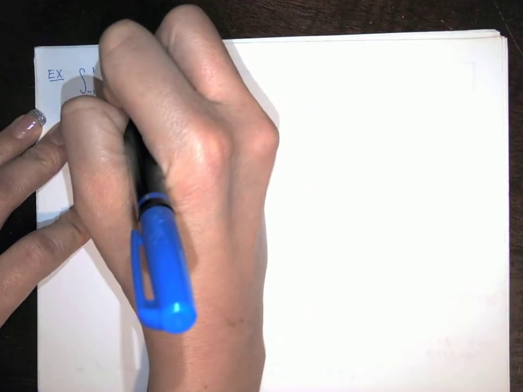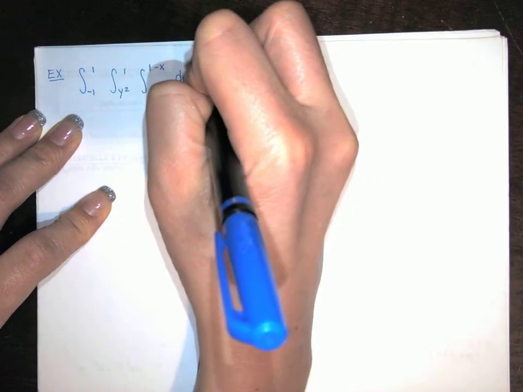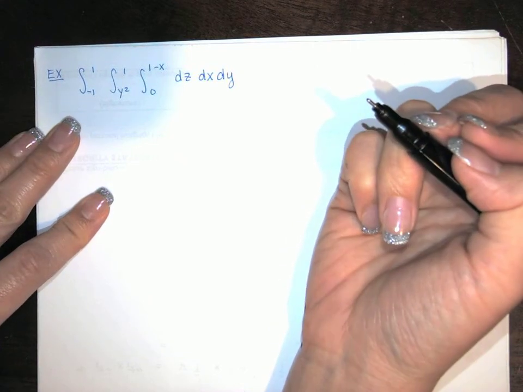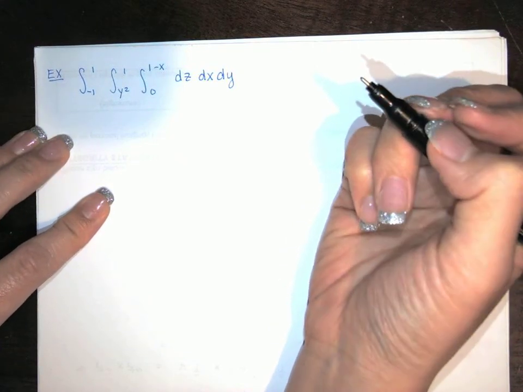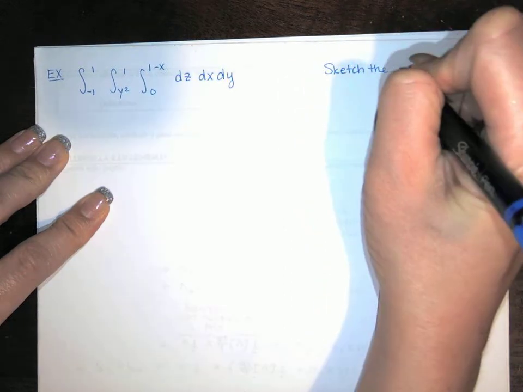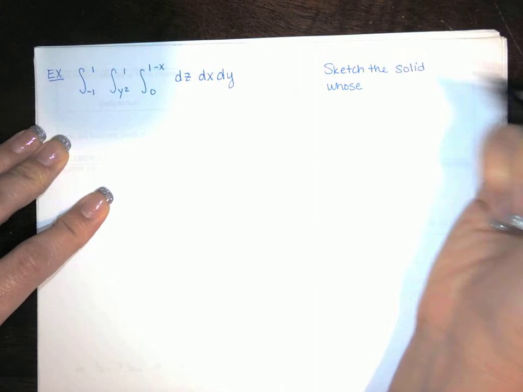We've got the integral from -1 to 1 of the integral from y squared to 1 of the integral from 0 to 1 minus x. We're integrating with respect to z, and then x, and then y. And this represents the volume of some solid. So the first thing we're asked to do is sketch the solid whose volume is represented by the triple integral.